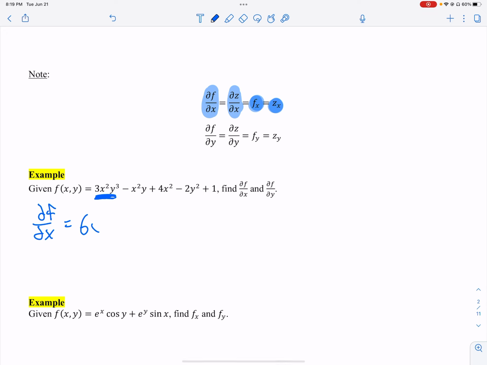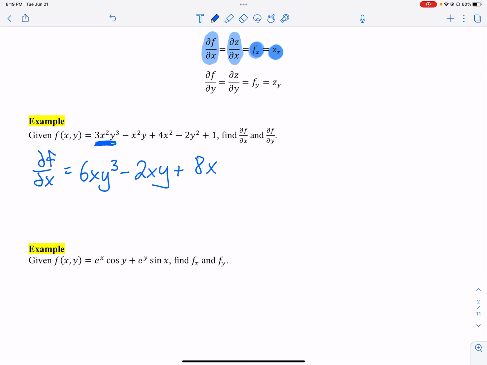So I get 6x to the first, and I leave the y cubed alone. That's it. Here, with the x, I do 2x, and I leave the y attached. 4x squared becomes 8x. Minus 2y squared, that's all y. That's a constant. It's not x. So the derivative of a constant is 0, and the 1 is 0 too. That's how we take a partial. You literally treat y like a constant.